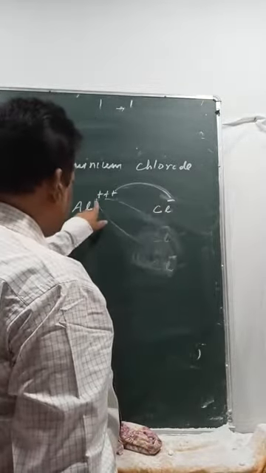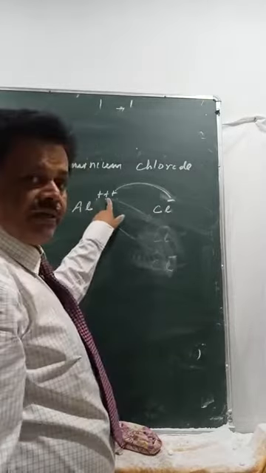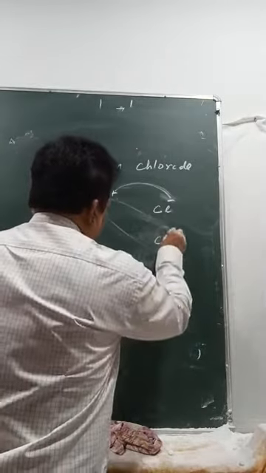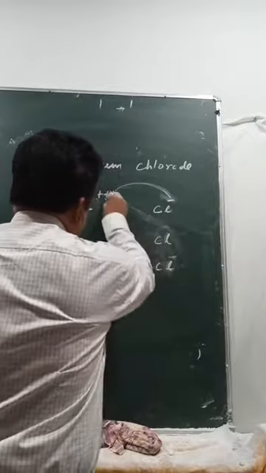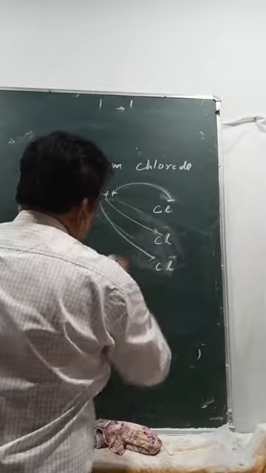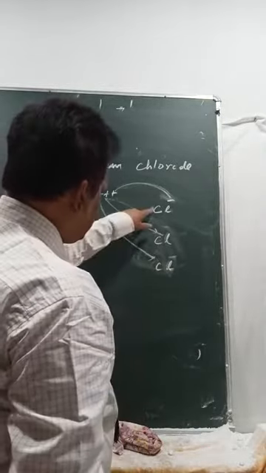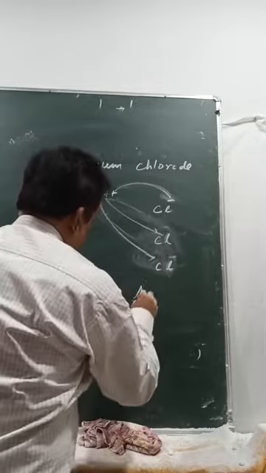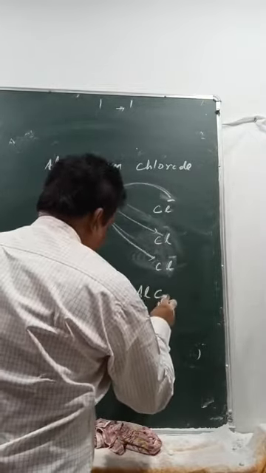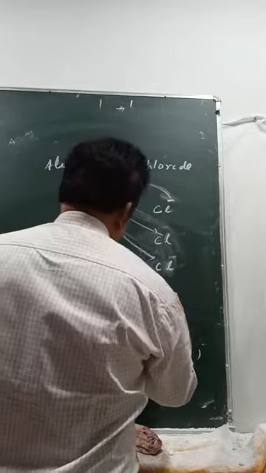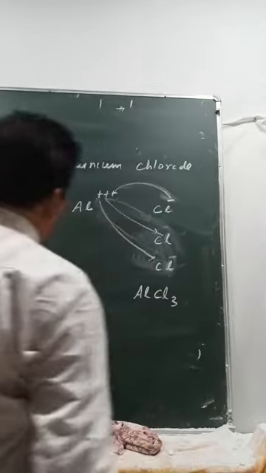But this is not, because still it has 2 electrons to be donated. That is why you need 2 more chlorines, so that this comes here, this comes here. So for 1 aluminium you need 3 chlorines. Means it becomes AlCl3, aluminium chloride.